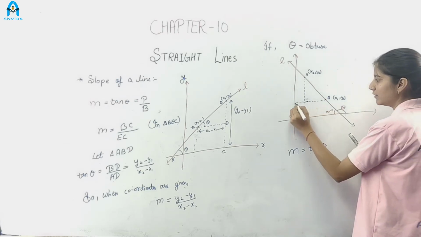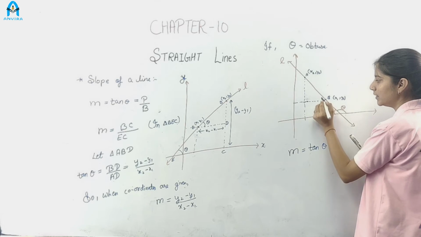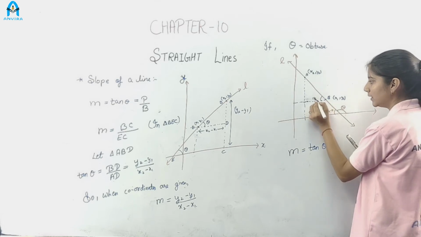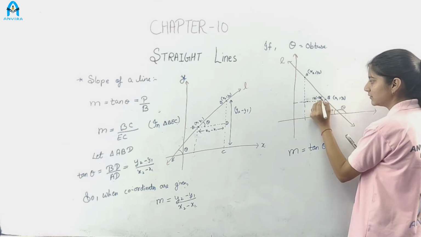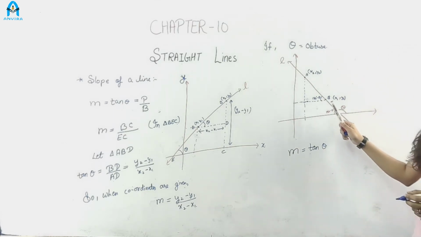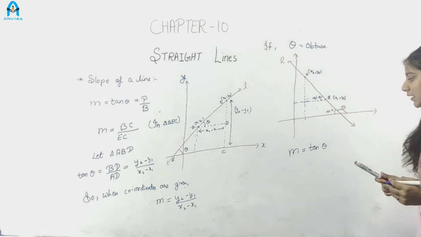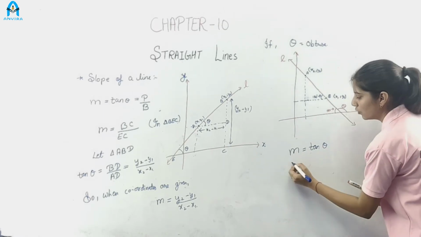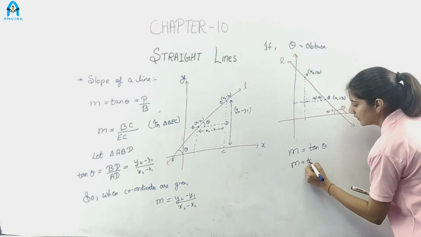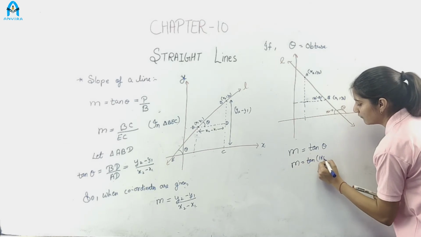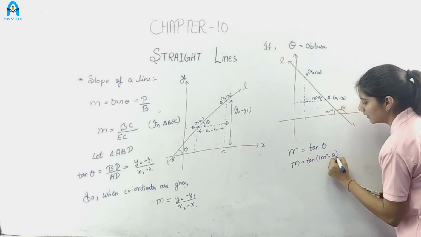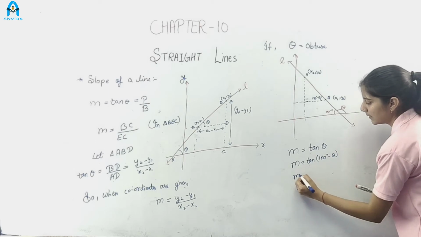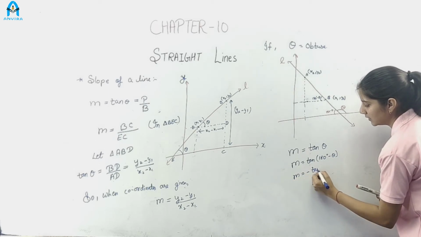Here, what will be our theta? If this is theta, then here it is 180 degrees minus theta. So the slope will be tan of 180 degrees minus theta. That will be minus tan theta.